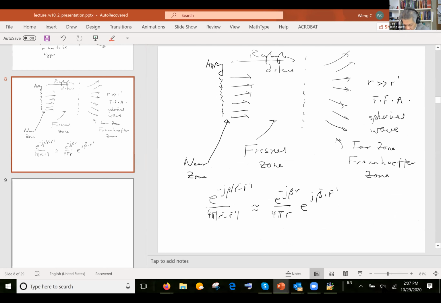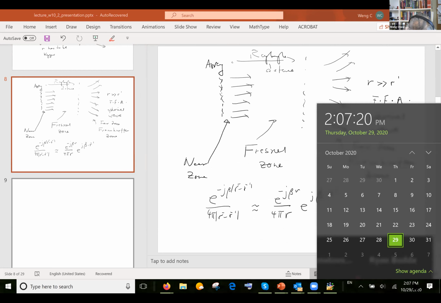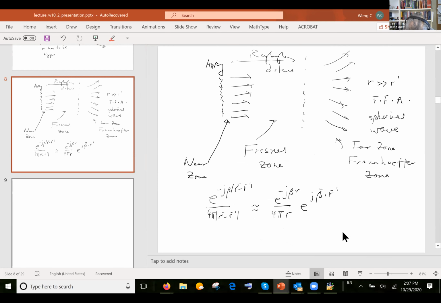Okay, and in order to make this approximation, we only have to compare two numbers. The two numbers that we have to compare are the magnitudes of r prime and r.